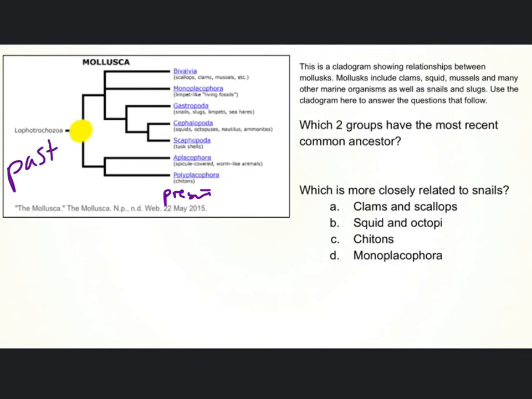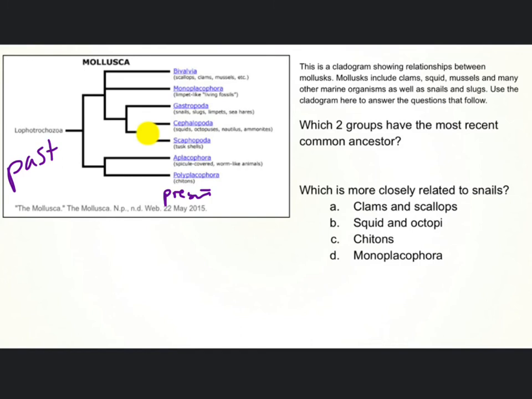So this is the common ancestor of everybody. Which two groups have split off the most recently? I'd put a dot right there. How about you? And what is that? Well, if we zoom in, that's cephalopods, that's squids and octopuses and scaphopoda, tusk shells.